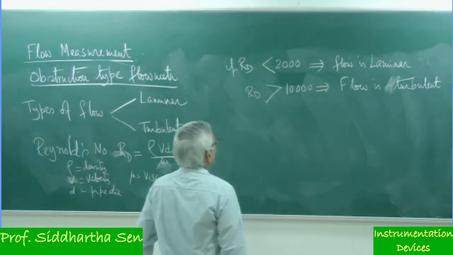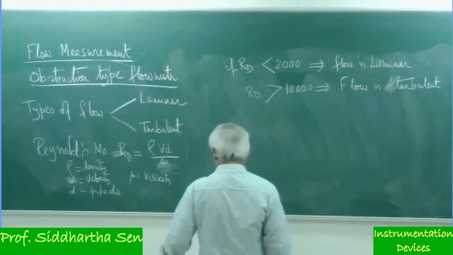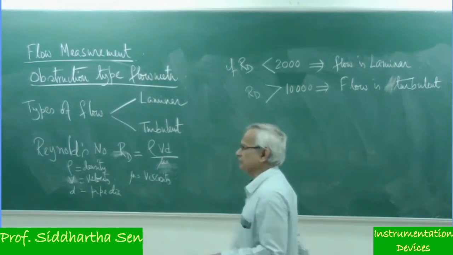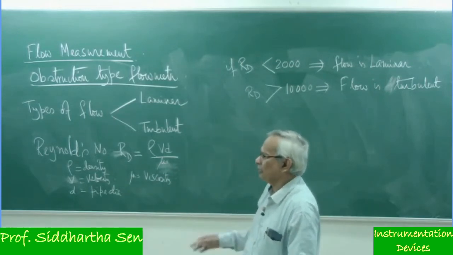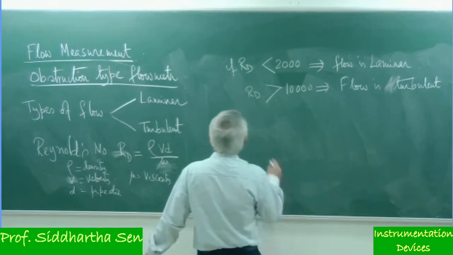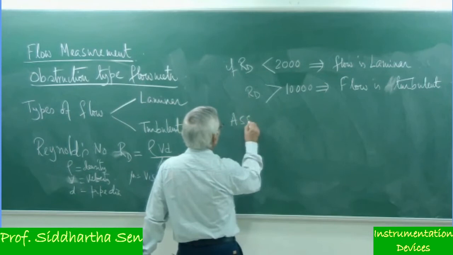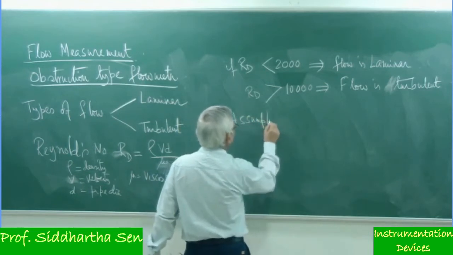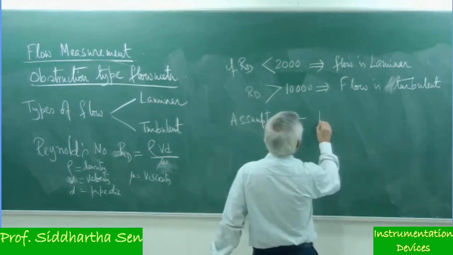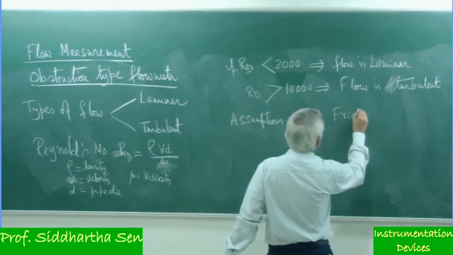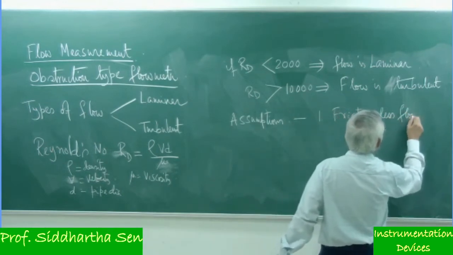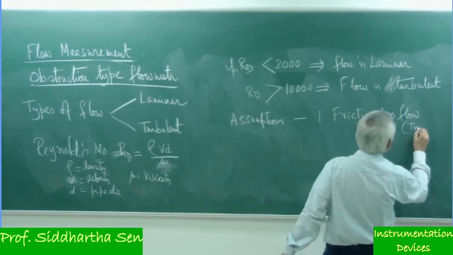So we are assuming, in this case, that the industrial situation normally goes for turbulent flow. While you go for further analysis, the first assumption is frictionless flow, that means turbulent flow.